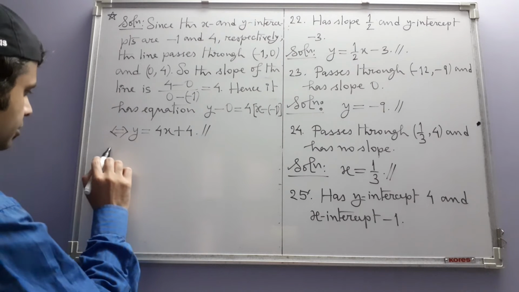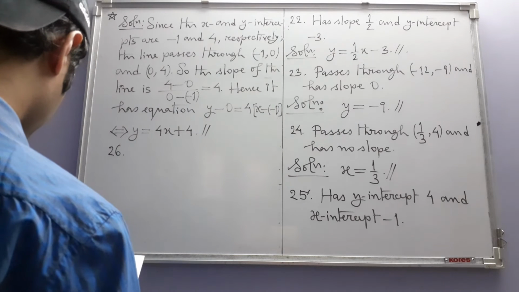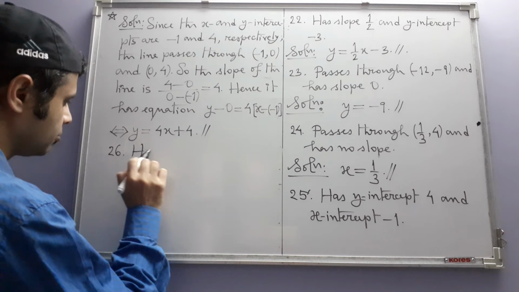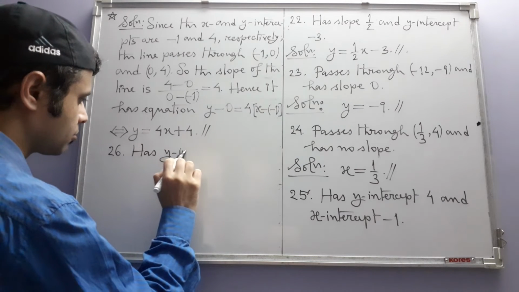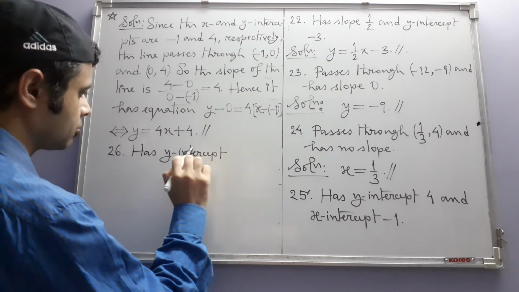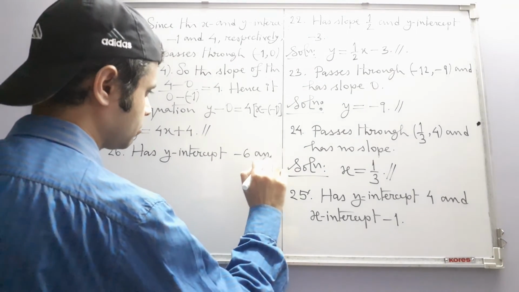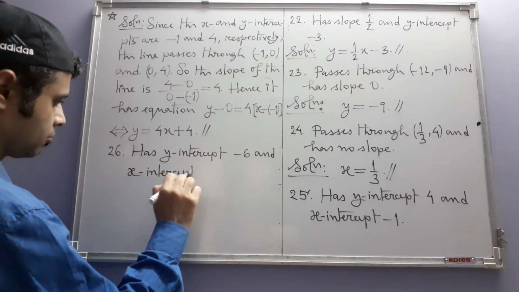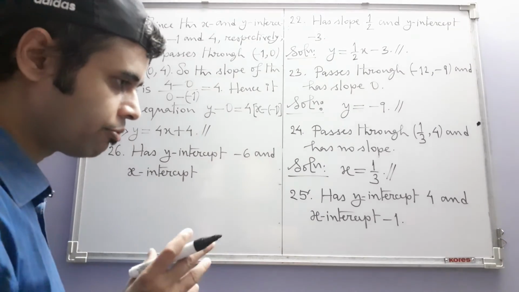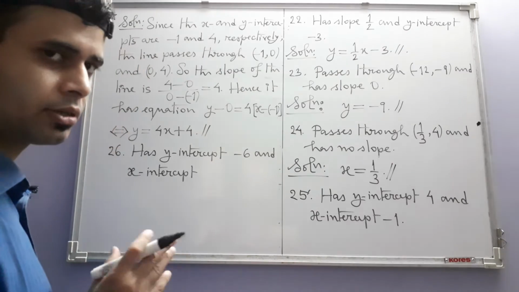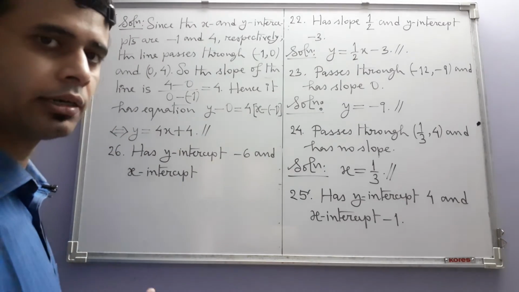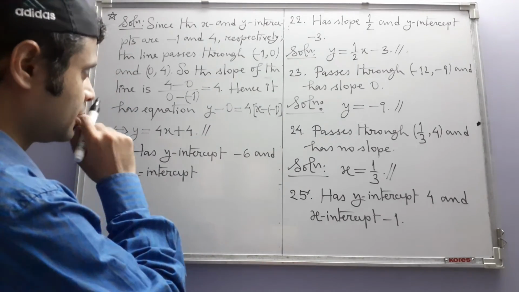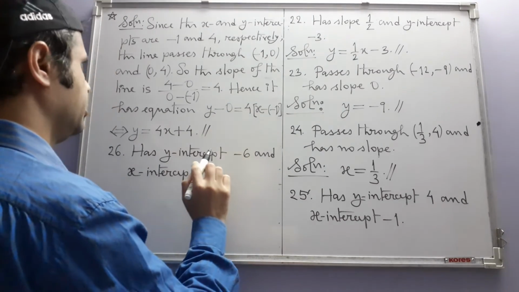Then 26 has y-intercept -6 and x-intercept 2. Actually, there is a form of the equation of a straight line whose 2 intercepts are given. Although we don't have that in this book, using that form we can directly write the equation.